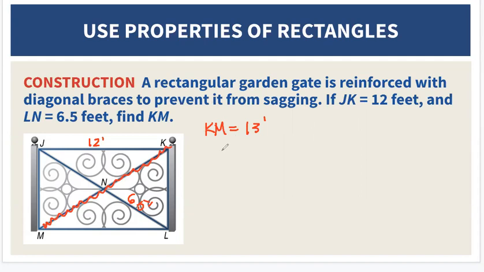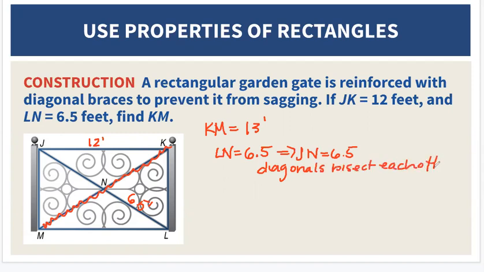Perfect. Okay, so let's talk it through. So we know that LN is equal to 6.5, right? So if LN is equal to 6.5, then that also means that JN is equal to 6.5, because in a parallelogram, the diagonals bisect each other. Right?